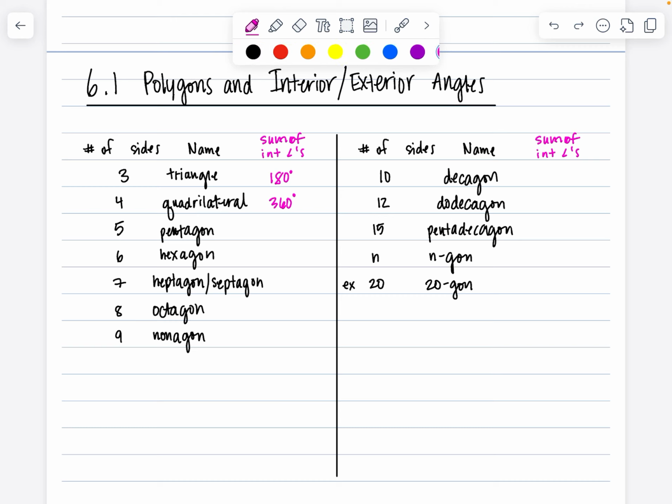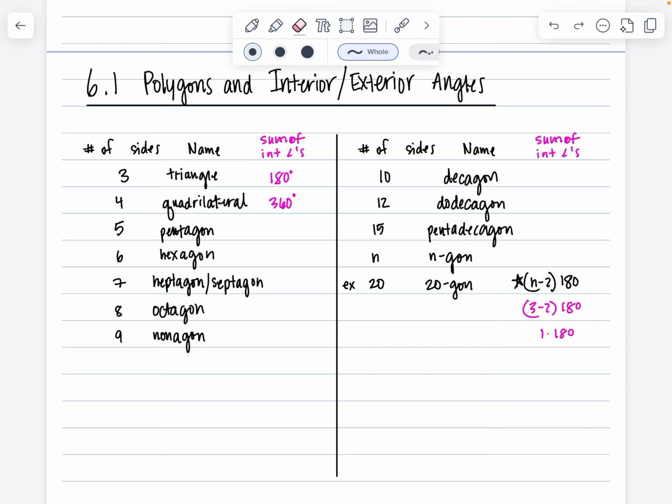You take the number of sides, and we should probably do this in color. I'm going to put a star next to this because this is one you'll need to know. (n minus 2) times 180, the number of sides minus 2, times 180 for 180 degrees. For instance, a triangle has 3 sides. 3 minus 2 times 180 is 1 times 180, and you get 180 degrees.